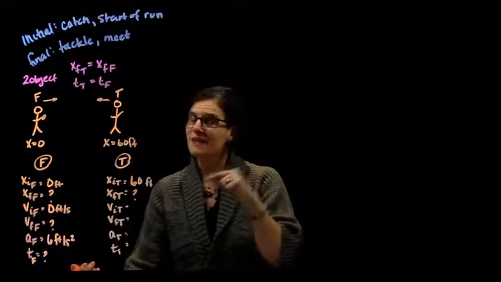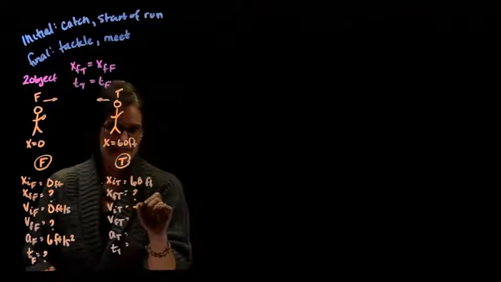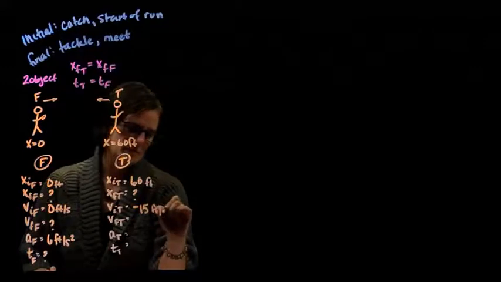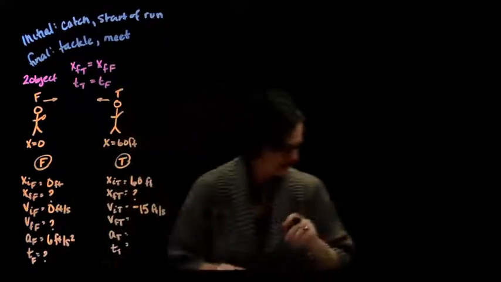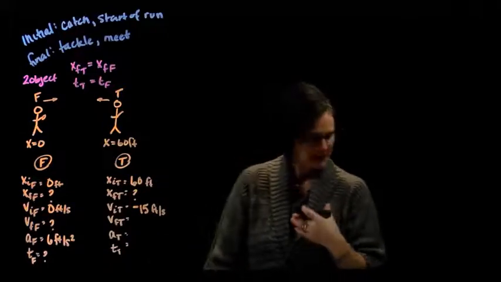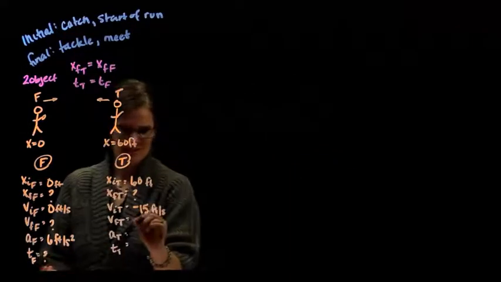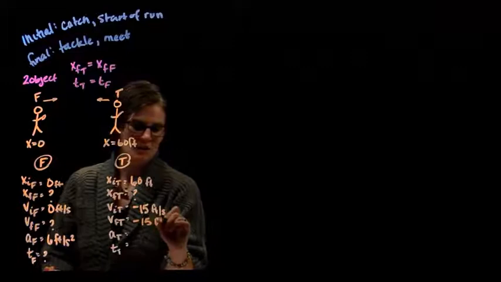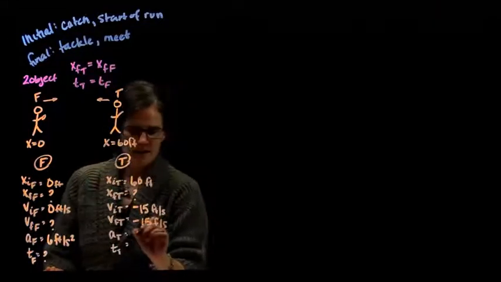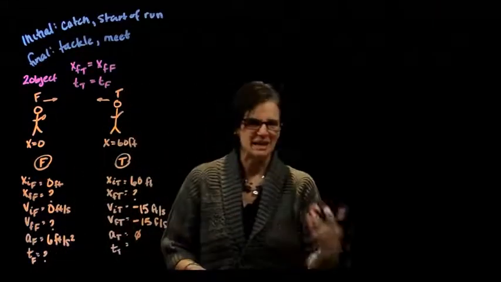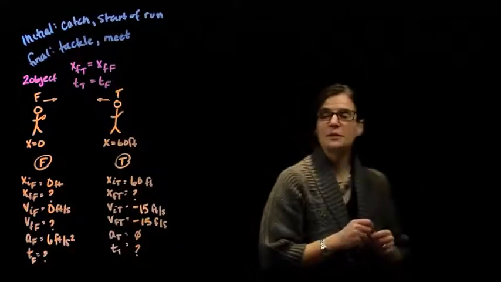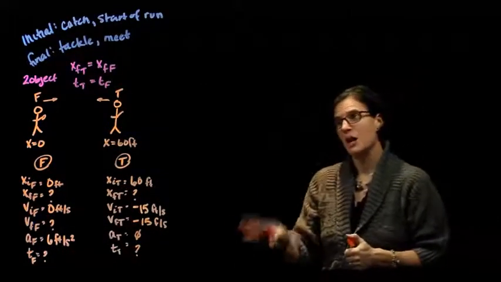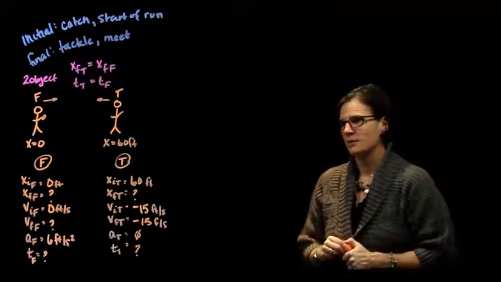He's moving to the left, so that's negative 15 feet per second, as I've drawn it. It says he's moving at a steady speed, so we do know his final velocity is also negative 15 feet per second. The acceleration is 0, steady pace, but we don't know the time. All right, so here is our list for both players, both objects in the motion.